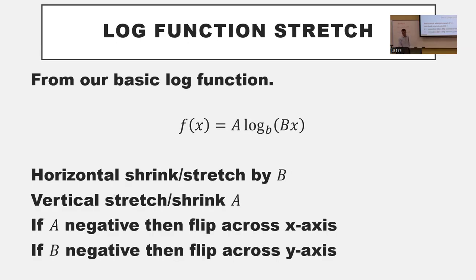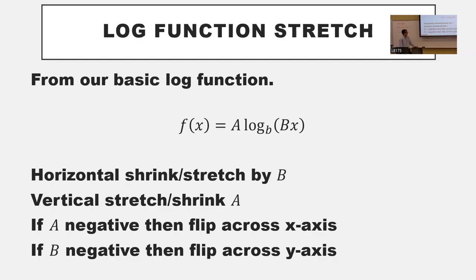We can also do a horizontal stretch or shrink by a factor of b. We can do a vertical stretch or shrink by a factor of a. So that's the standard transformations, all the standard transformations we can do.